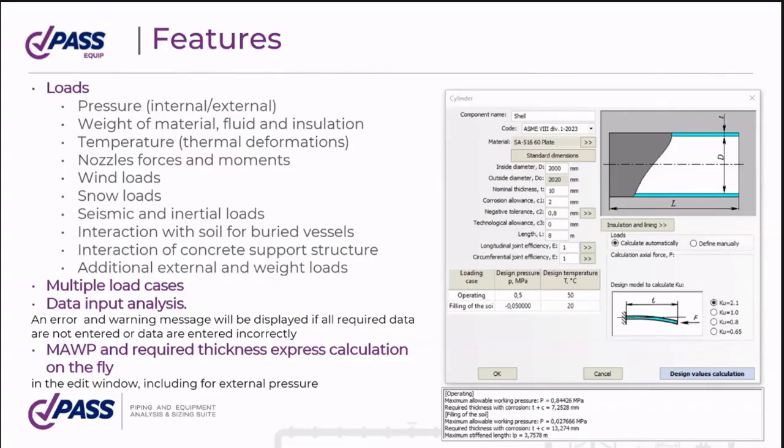Nozzle forces and moments, which you can calculate from piping stress analysis, for example, and apply. And wind loads, according to a lot of different standards, snow loads, for example, on the platforms and on the roofs of tanks. Seismic and inertial loads from different codes.